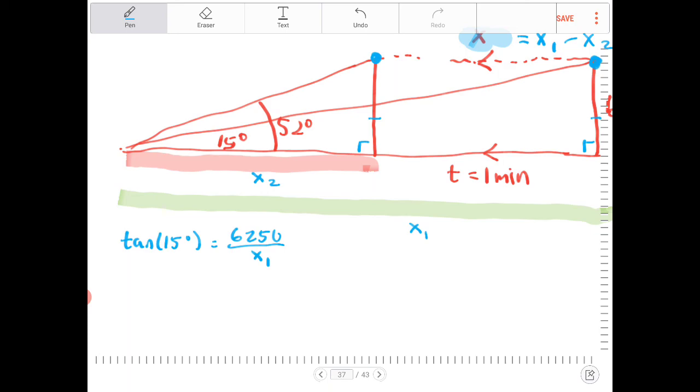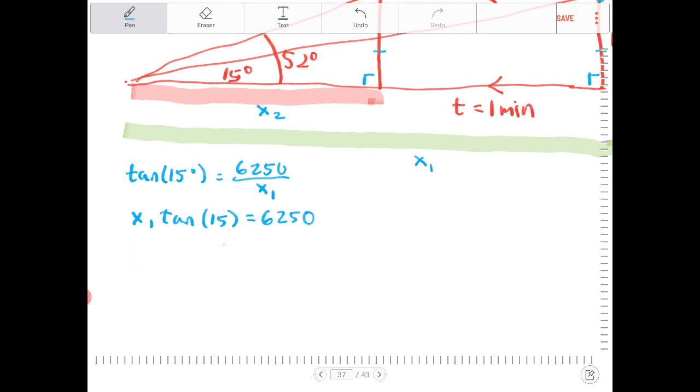I cross multiply both sides by x1, so I have x1 tangent 15 equals 6,250. Then I divide both sides by tangent 15, so x1 is equal to 6,250 over tangent of 15.